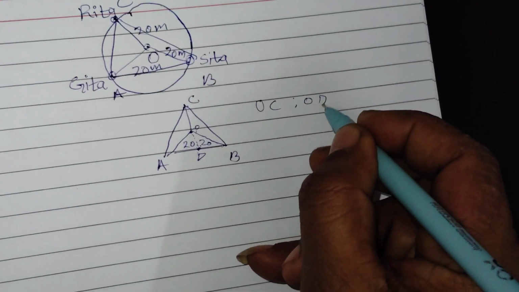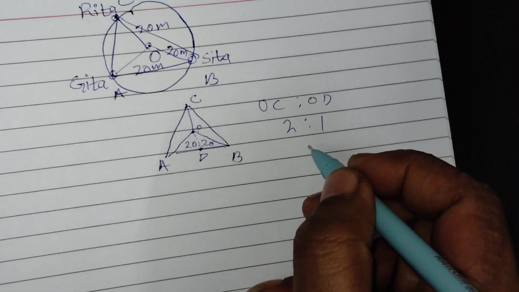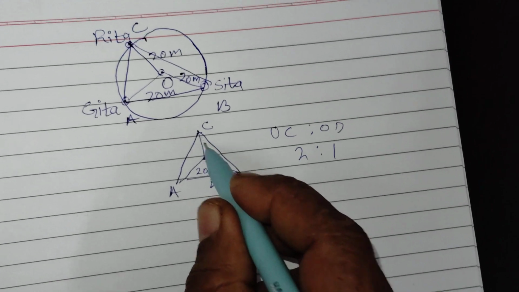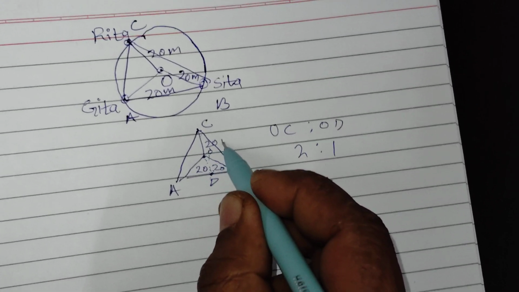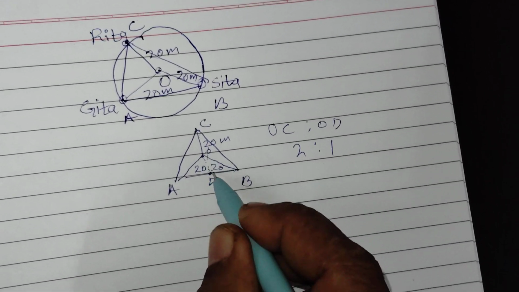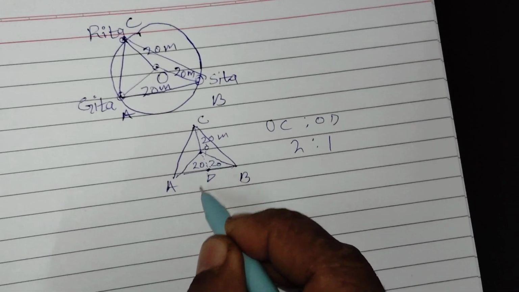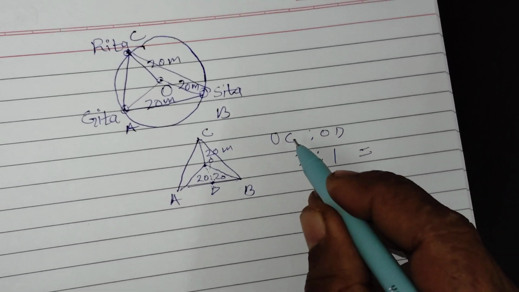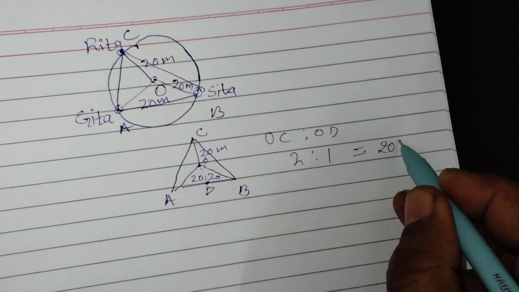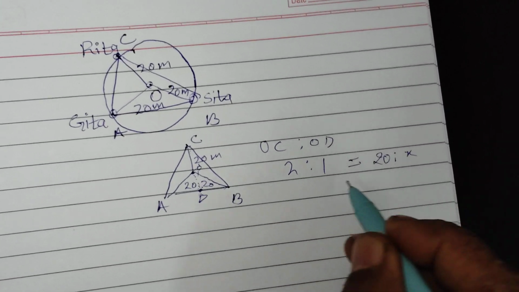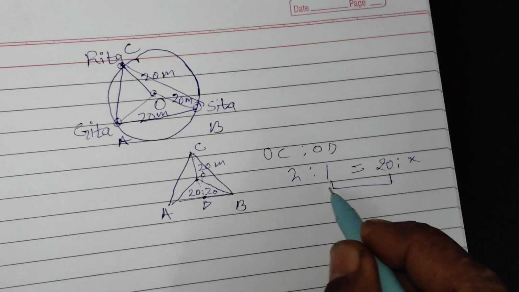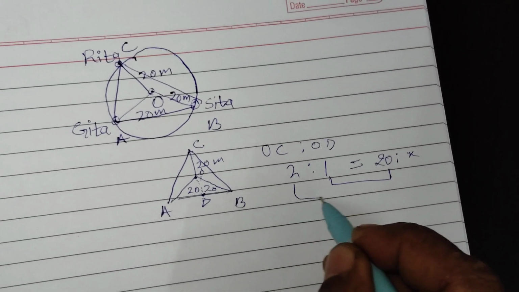The ratio of OC to OD is always 2:1. OC is 20 because it is the radius, and therefore with 2:1, OD should be 10. Why? Because OC is 20 and suppose OD is x. By proportionality, the product of the middle terms equals the product of the extreme terms.